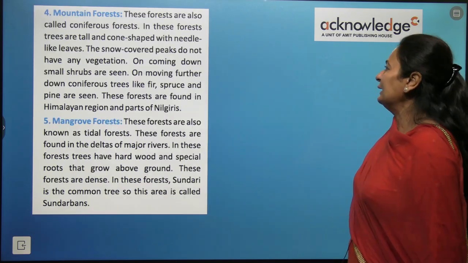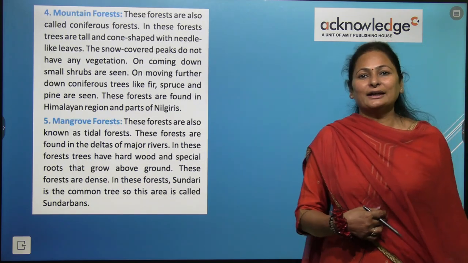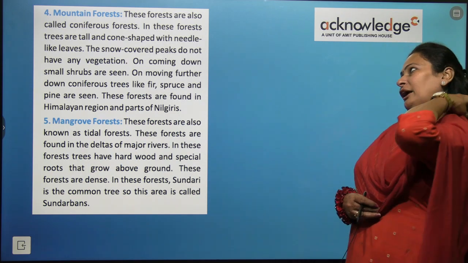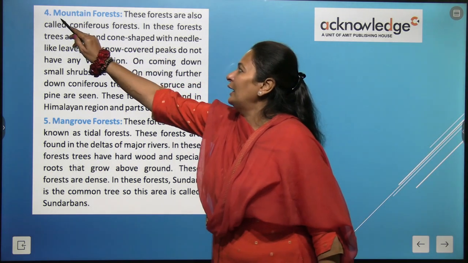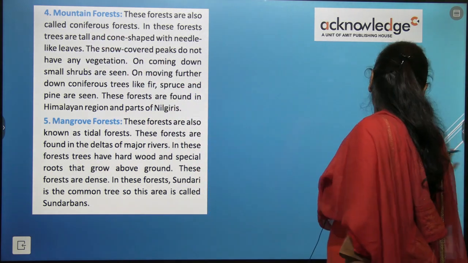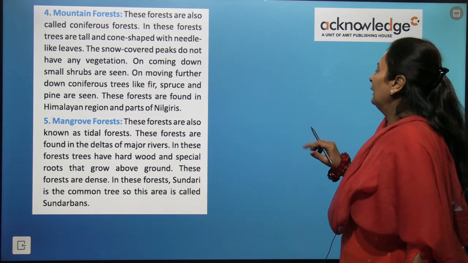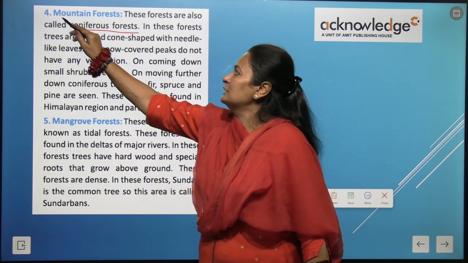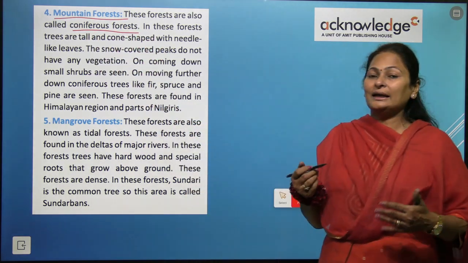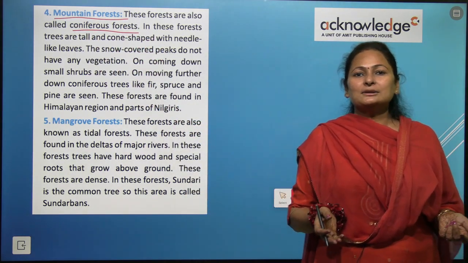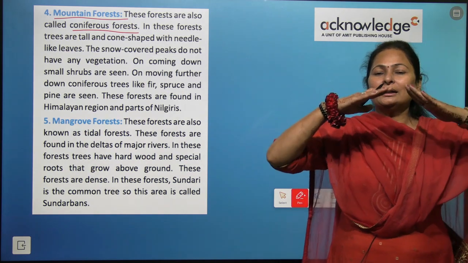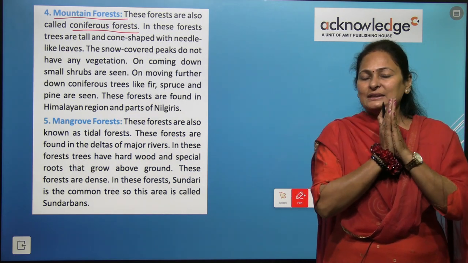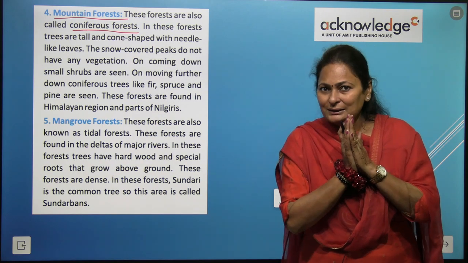Good. So next is mountain forest, right? These forests are also called coniferous forests. Another name of the mountain forest is coniferous forest. Now, what is it? Coniferous means in the conical shape, right? We have studied the different types of trees.